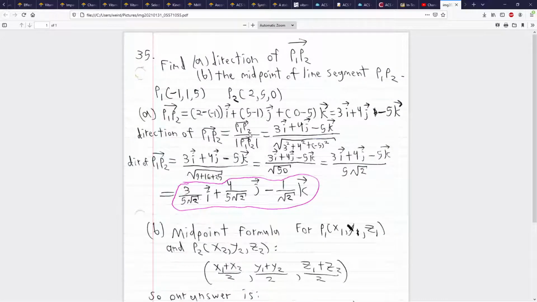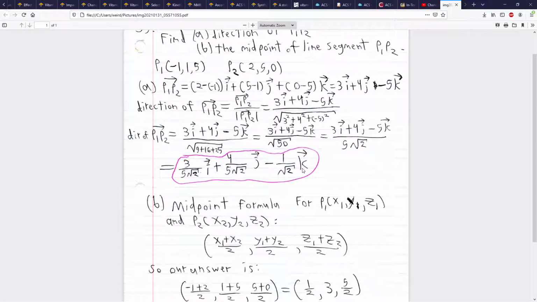So it's just the vector itself divided by the magnitude of the vector, the square root of 3 squared plus 4 squared plus negative 5 squared. The square root of 50 becomes 5 square root of 2 on the bottom. You can individually divide them out, and one of these simplifies down to minus 1 over square root of 2 k here. The rest is as highlighted here.